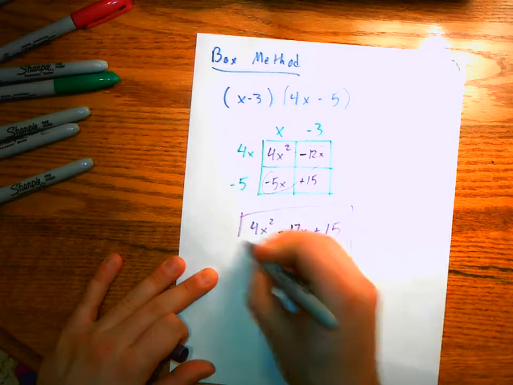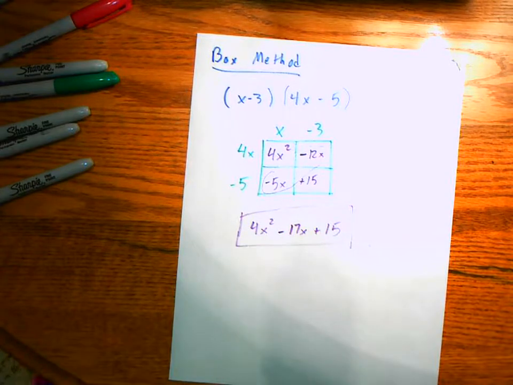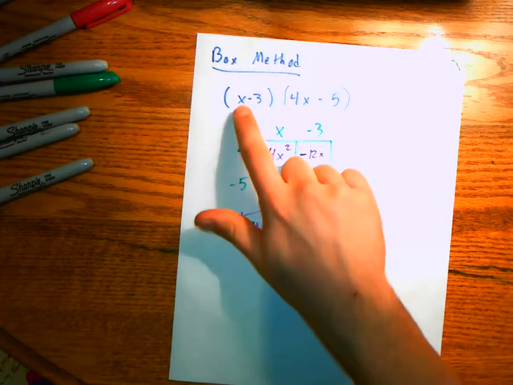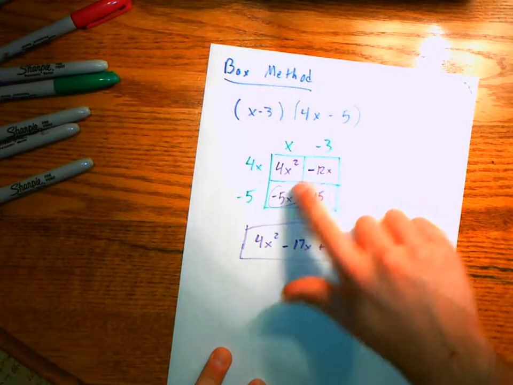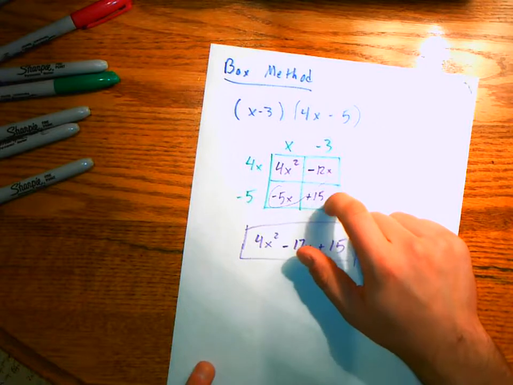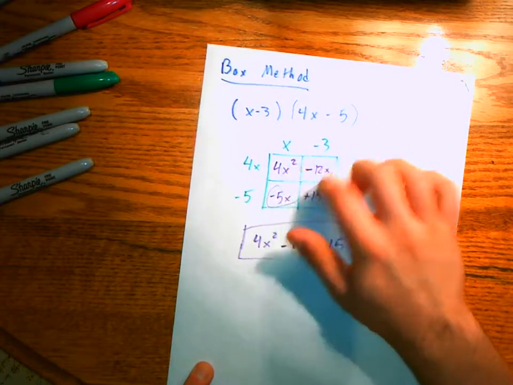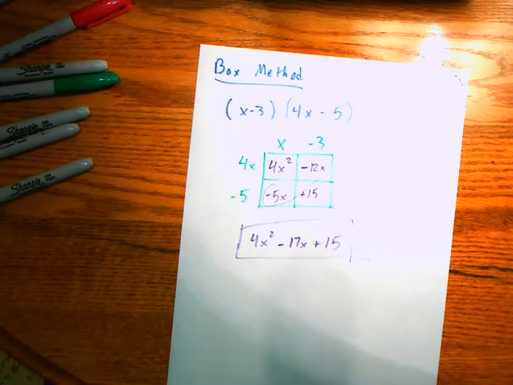So that is the multiplication of those two binomials written in the box method. Now if you wrote these in different orders, which I don't recommend, I recommend you just take it in the exact order that it's in, it may not always be the bottom left and the top right. It could be anywhere, but you have to look at the like terms. The x's are the like terms in this example, and that's what we combine together.